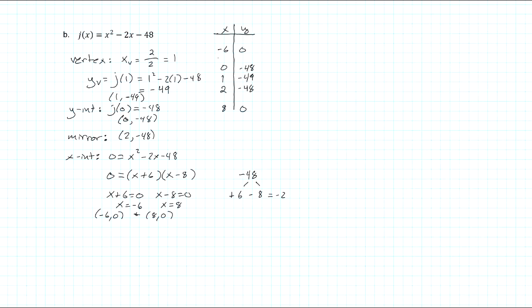I think that if I put like a negative 3 in here and a 5 here, that's kind of like the halfway between these. And so if I say what's j of negative 3, I'll get negative 3 squared minus 2 times negative 3 minus 48. This equals 9 plus 6 minus 48. And that adds up to 15 minus 48. Negative 33.